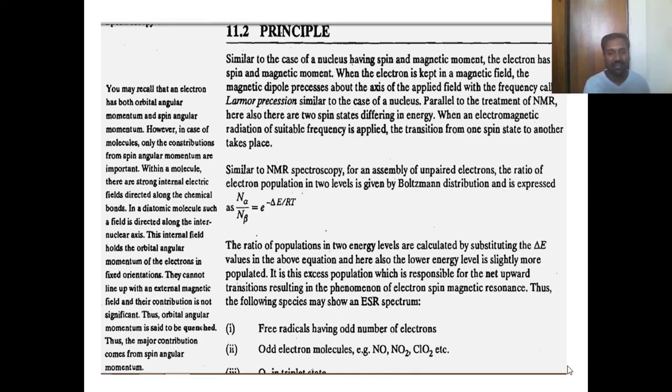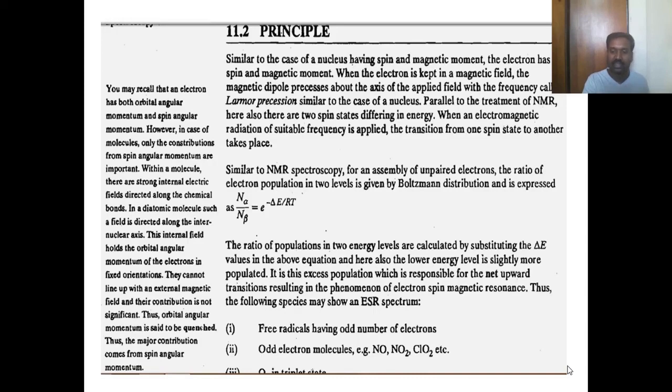Only one value is possible, S is equal to half. We will later understand the influence of the electric field on the spin angular momentum of this electron.